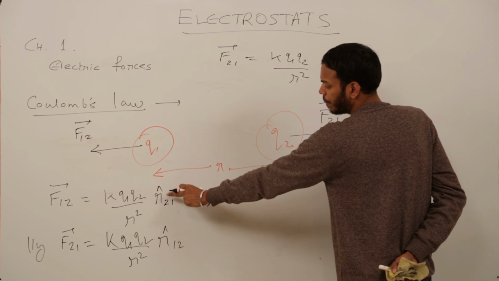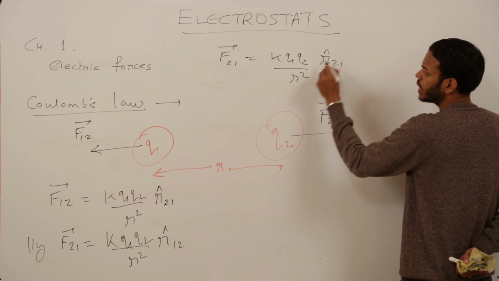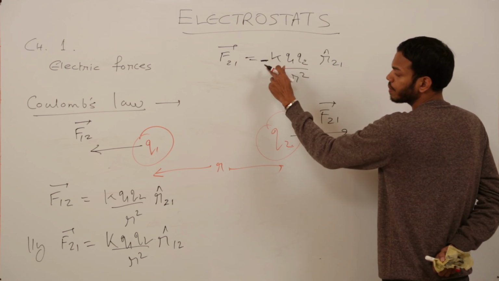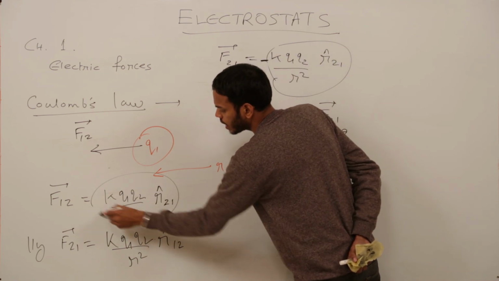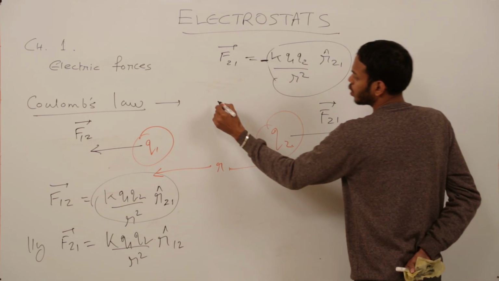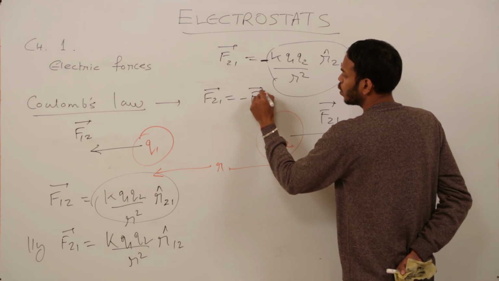Instead of r12, I have to write minus r21. This whole part becomes F12. So F21 is minus of F12.